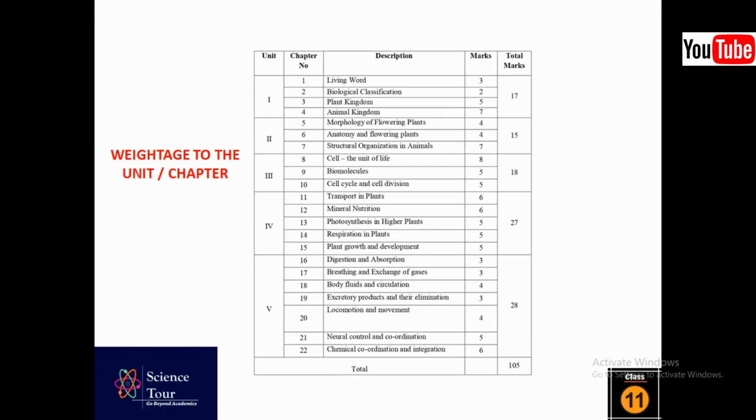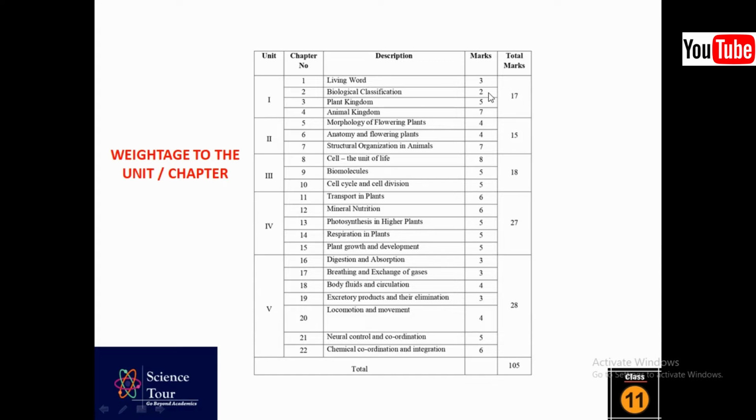Next comes weightage to the unit as well as the chapter. As I said, there are around 5 units, and in each unit there are around 3 to 4 chapters. Now, what is the weightage? Unit-wise weightage, if you see, first unit has got weightage of 17 marks.